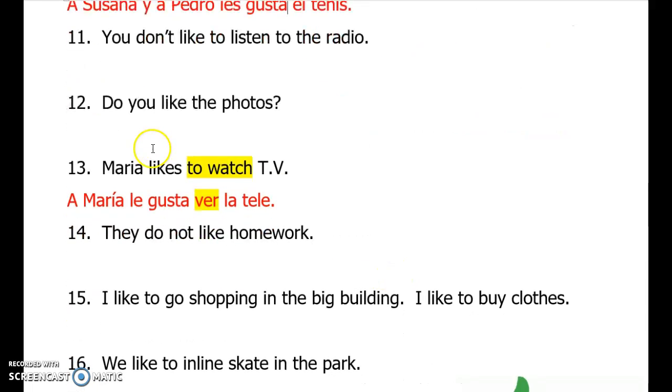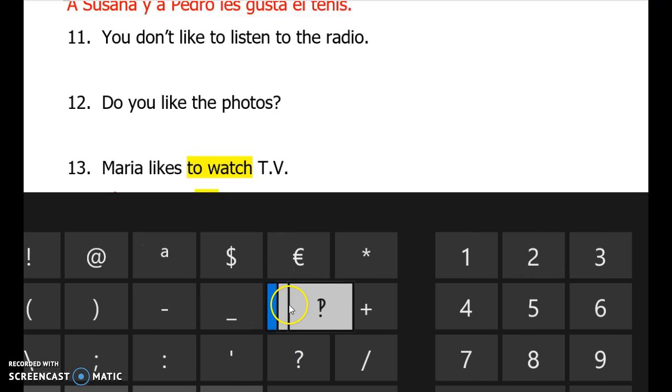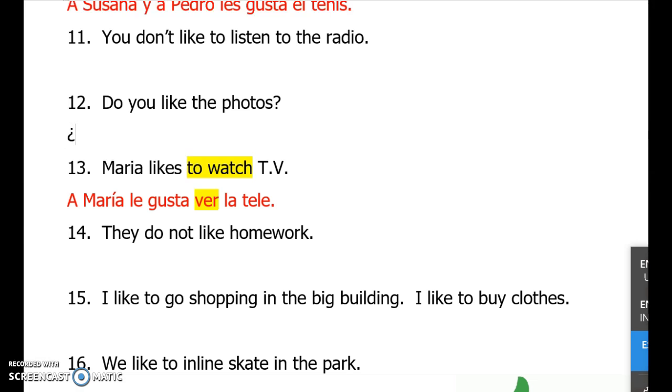All right, let's do a question. Those are always fun. Do you like the photos? Now we know when we ask a question, we're going to have to add that inverted question mark in here. I've got to pull mine up out of my Spanish keyboard. Turn the keyboard back to English before I get all too messed up later on. So the same thing is going to fall in place. We have a ti.